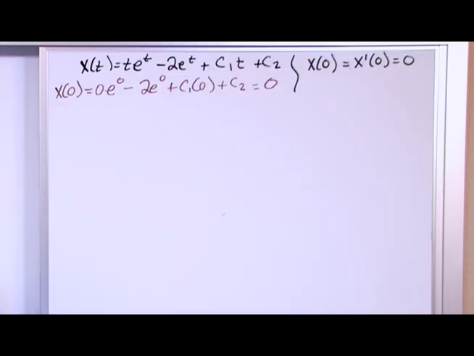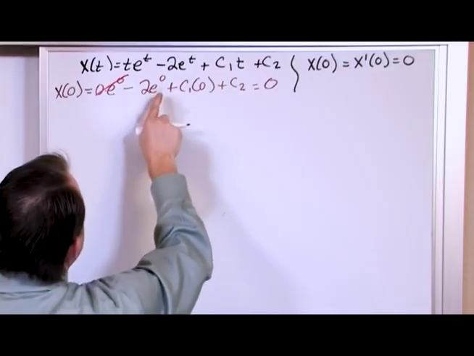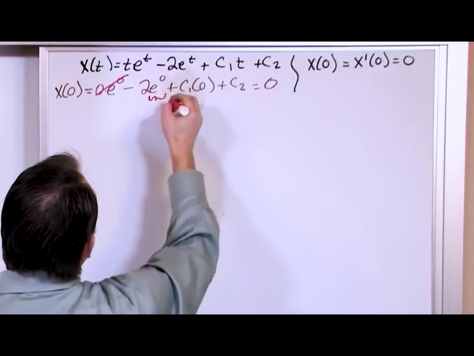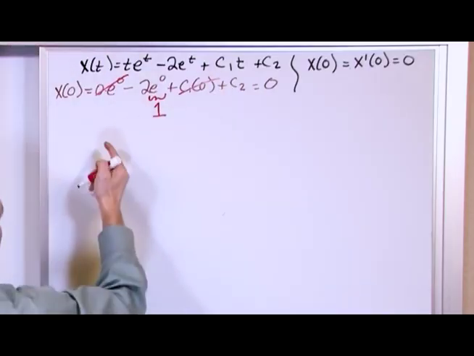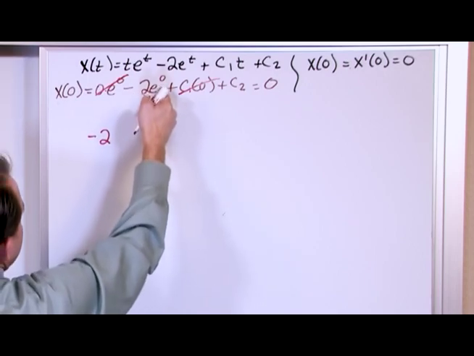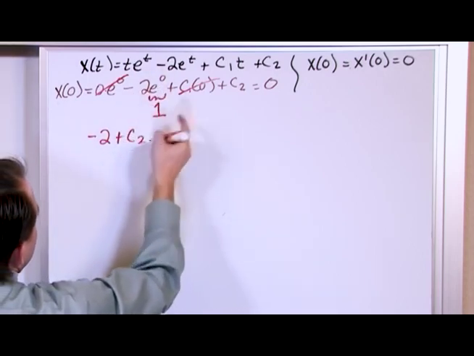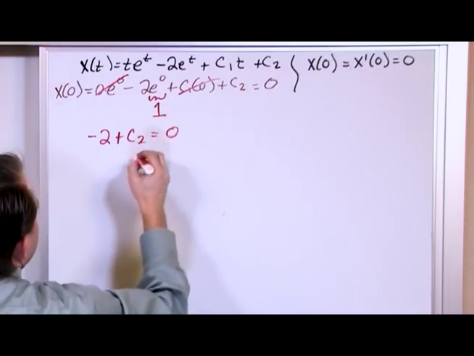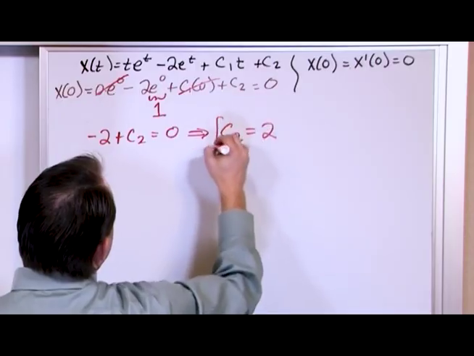Because we have exponentials, this one does drop out because we have 0 in front, but this guy, e to the 0, anything raised to the 0 power is 1. So what we end up having is minus 2 times the 1, so I'm going to leave it as minus 2 here, plus c2 from here is equal to 0. And so this means that constant number 2 is simply equal to 2.